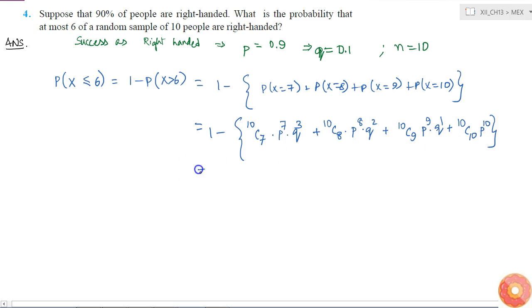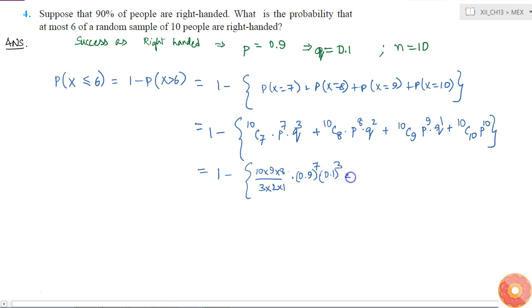Correct? So this is equal to 1 minus, 10C7, if I expand it, I will get 10 into 9 into 8 into 7 factorial. That will get cancelled by the 7 factorial in the denominator, and I am left with 3 factorial in the denominator, which is 3 into 2 into 1, into 0.9 to the power 7 into 0.1 cube.